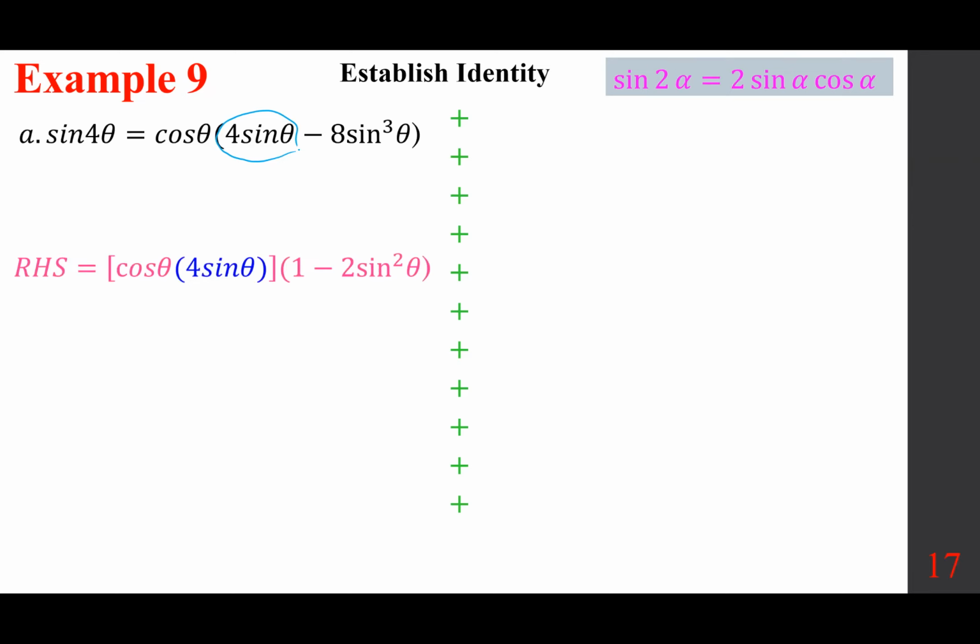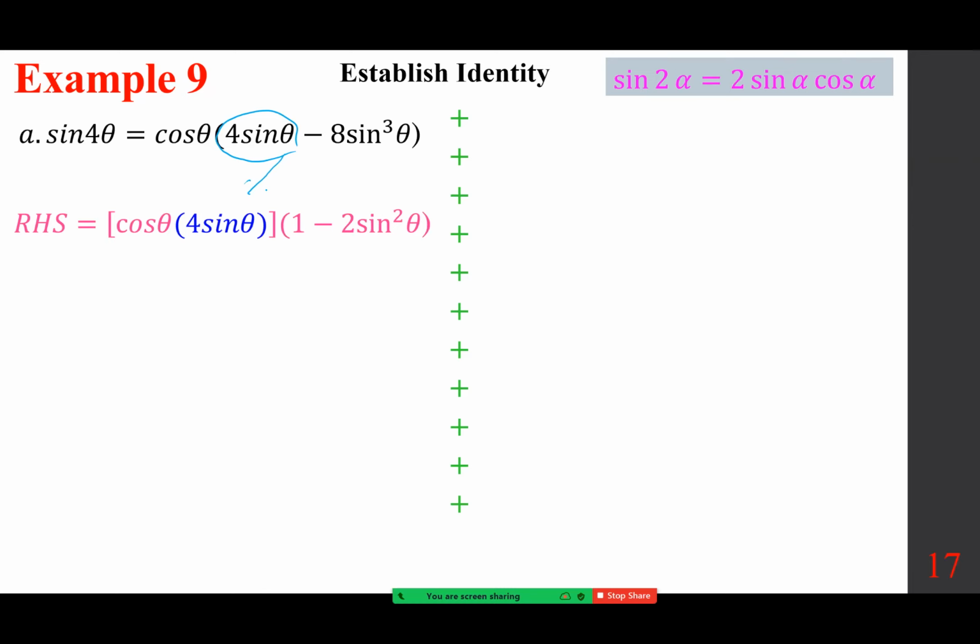So I hope everybody can see what I've done. I am factoring 4 sine theta from the parentheses. And I'm going to rewrite this so everybody can see what we have here. We have a 4 sine theta cosine theta.